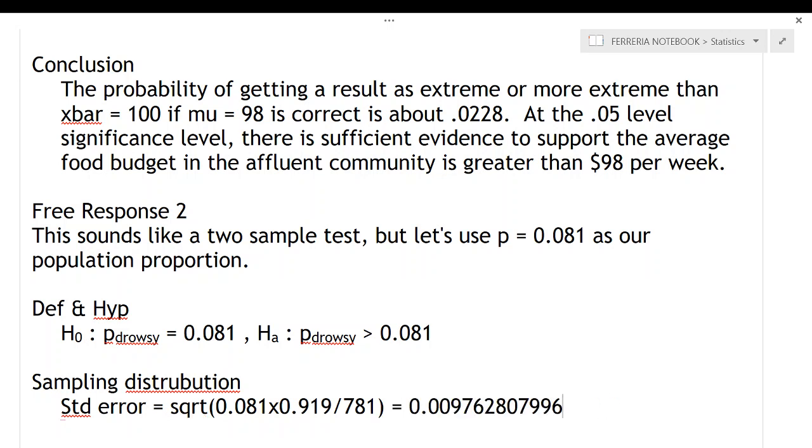That's my standard error, 0.0098. It doesn't look as nice on this as it would on the calculator.